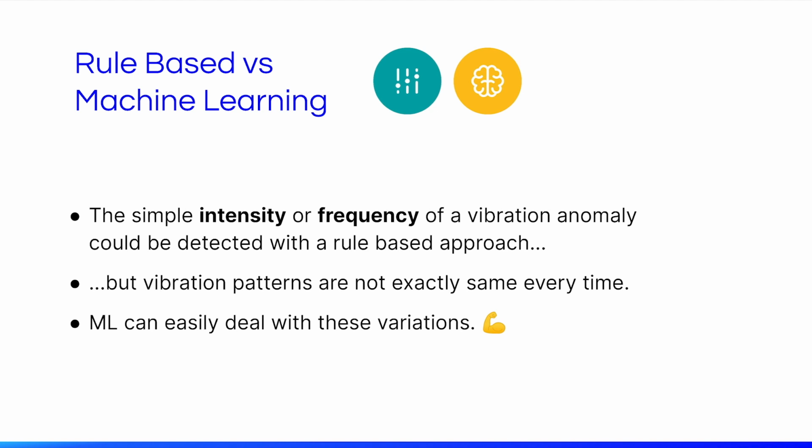If we were to simply calculate the intensity of a vibration or calculate a simple frequency, then we could go with a rule-based approach. But the problem really is that these vibration patterns are not always exactly the same, but we want to be able to detect them in the same way. Fortunately, machine learning can easily deal with these kind of variations. So for the demo, we're going to go with that.